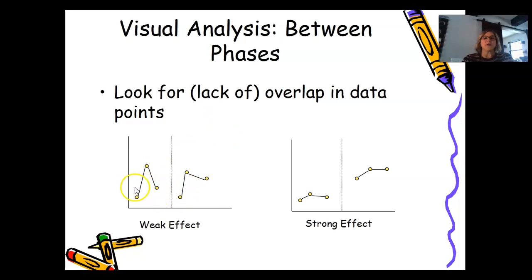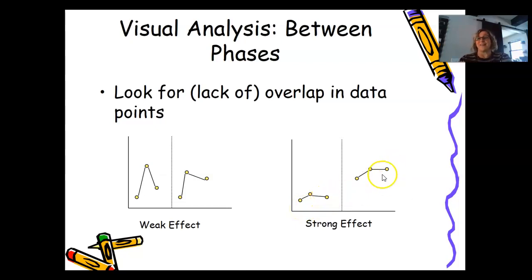So if you see data that looks similar to this, there's really not any change here related to level. There's no change related to variability, and there's really no change related to trend as well. So this would be considered a weak effect. I wouldn't be super confident that this intervention is having an impact for a student.